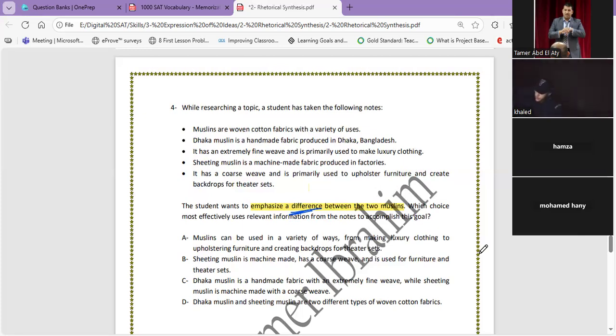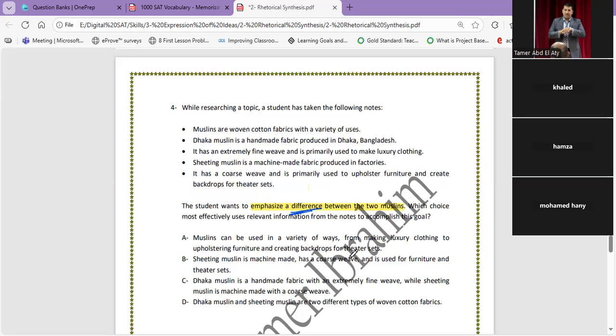I need the difference between two muslins. No, Muhammad Hani. Muhammad Hani emphasized the difference between the two muslins. Muslins can be used in a variety of ways, from making luxury clothing to upholstering furniture and creating backdrops for theater sets.